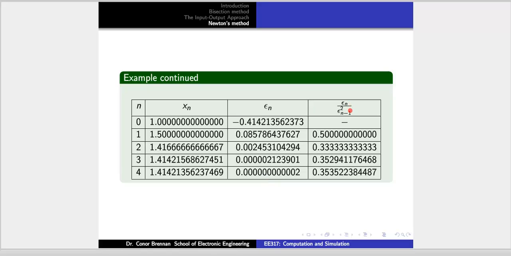So we should find that the error at step n divided by the error squared at the previous step should converge to some kind of constant as it goes on. And we see that this is the case. It gets closer and closer to 0.353 or so. So this is showing that as the error gets small, we have this behavior as predicted: the error at the nth step is equal to the error at the previous step squared and multiplied by a constant, which is about this.